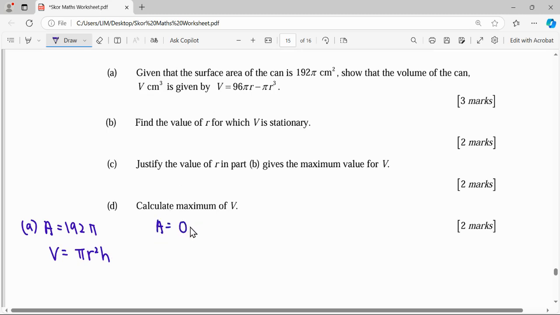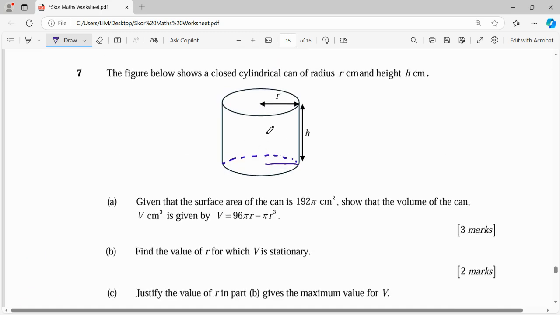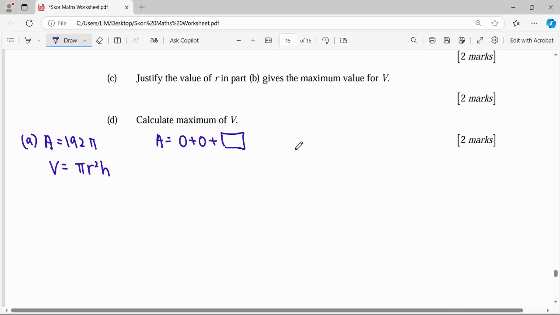The area will be 2 circles with 1 rectangle for this side. So 2 circles will be 2 pi r squared, and then for this rectangle, the cylinder side here, will be 2 pi r h.